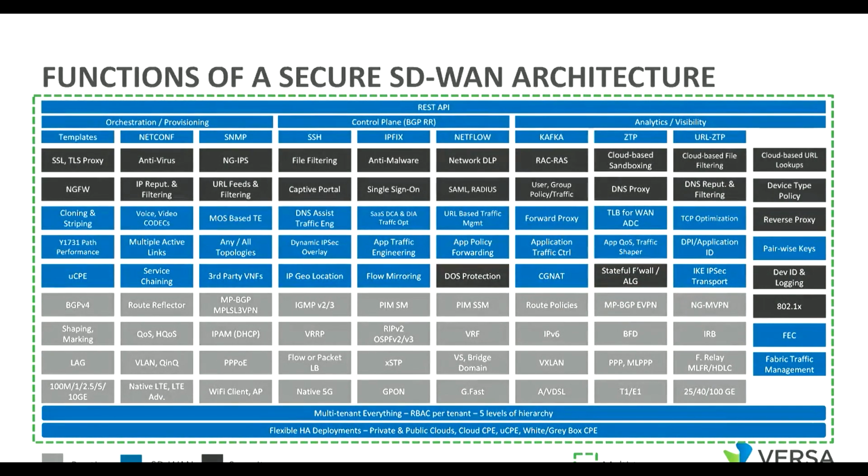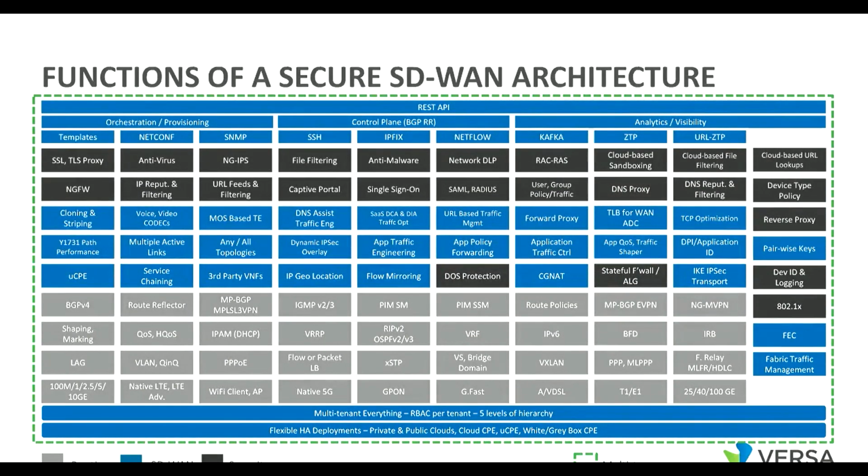Now, if you look at it, on the security side, all these black blocks are the defense in-depth security which a secure SD-WAN architecture would have, whether it's next-gen firewall, URL filtering, IPS, IDS, malware detection, data loss prevention, antivirus, DNS proxy, proxy chaining, you name it.